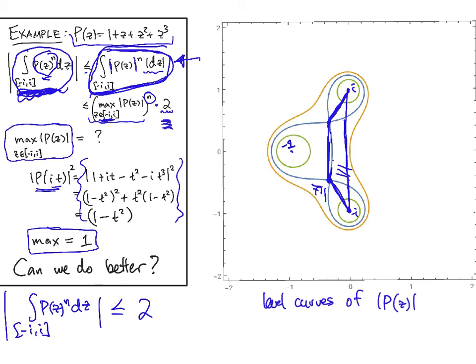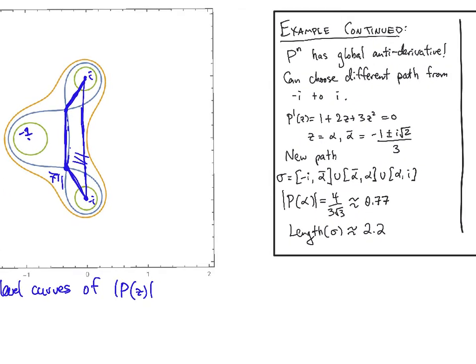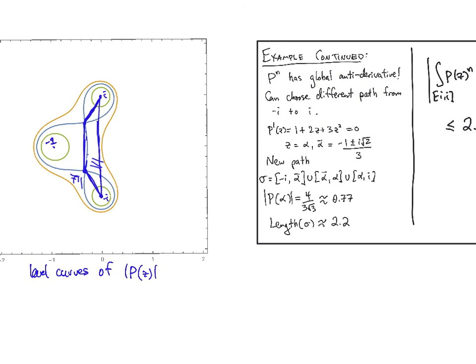And this actually gives us a much better estimate. The curve doesn't change the value of this integral, but it will change our estimate here. So as I said, P to the n has a global antiderivative, so we can choose a different path from minus i to i to get a better estimate. And this new path actually goes from minus i to the zeros of the derivative of P. We don't need to go into those details right now, but that turns out to be why those are saddle points.